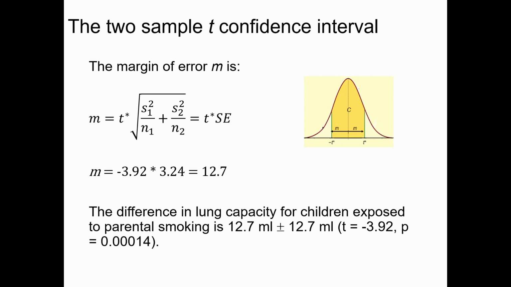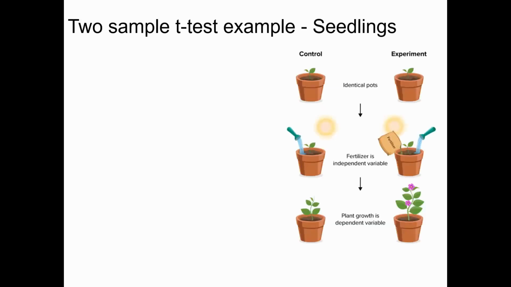T equals negative 3.92 and your P is 0.00014. Right? So you could do this math. It's doable. I hope everybody watched the video on confidence intervals. If you're confused about confidence intervals, go back and watch that video. It takes 5 or 6 minutes and it explains it really well.